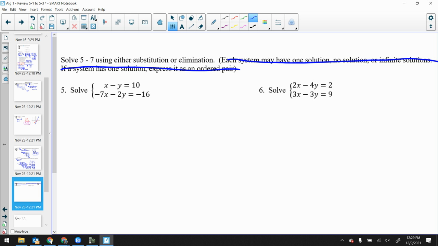Now, what am I going to multiply by, and in what equation? Divide the top by negative 7, positive 7. The bottom is already negative. So I'm going to multiply the top equation by 7. 7x minus 7y is 70. Bottom equation stays the same.